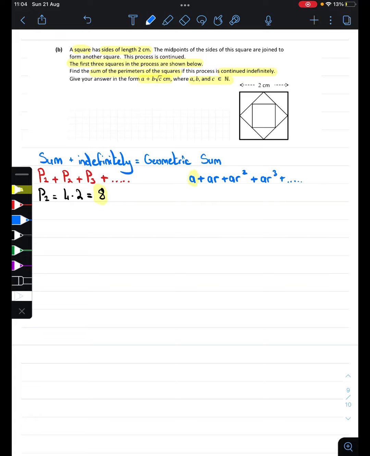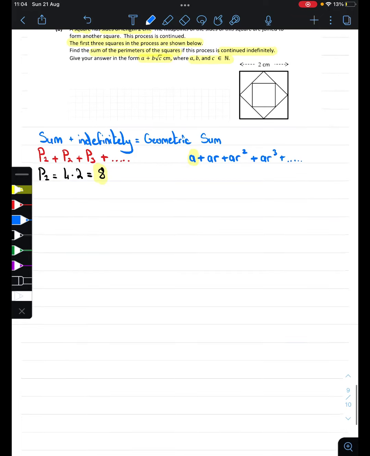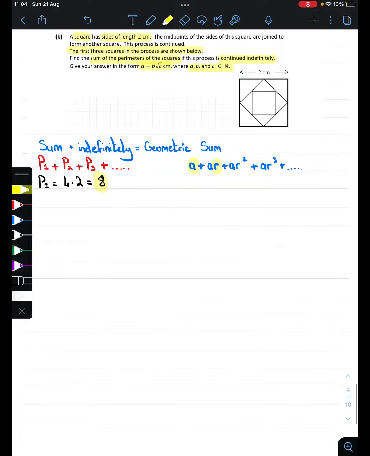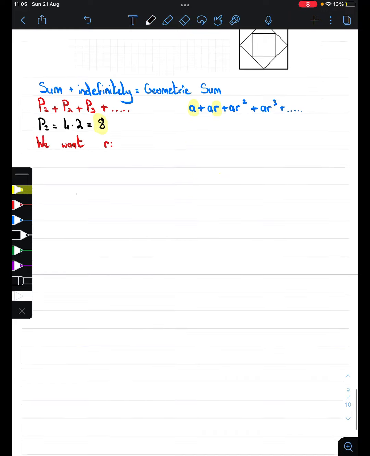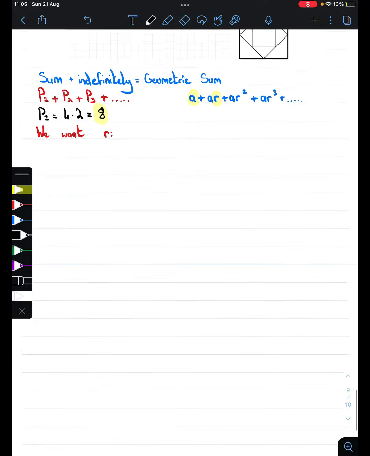And now we're looking for a ratio r, the ratio between P1 and P2, which is the same ratio as between P2 and P3. So we want r.